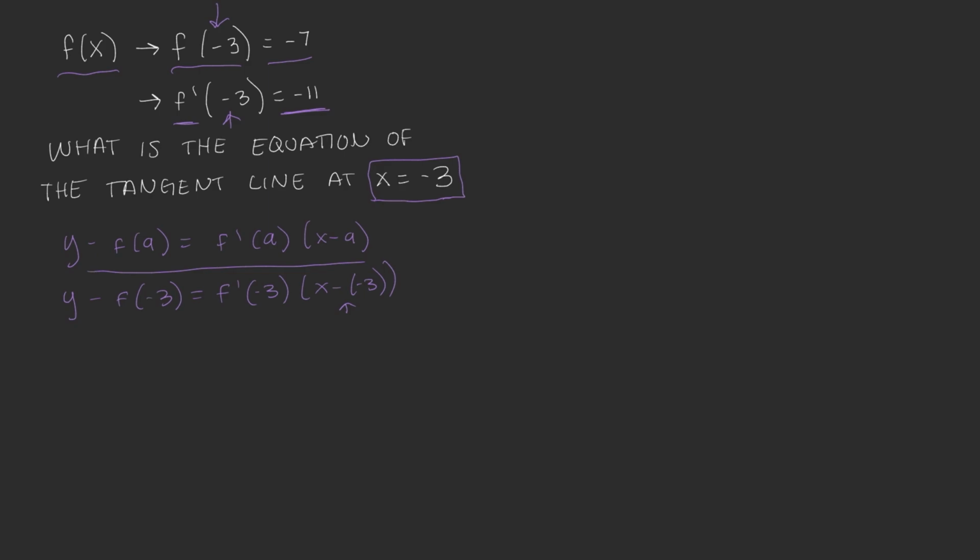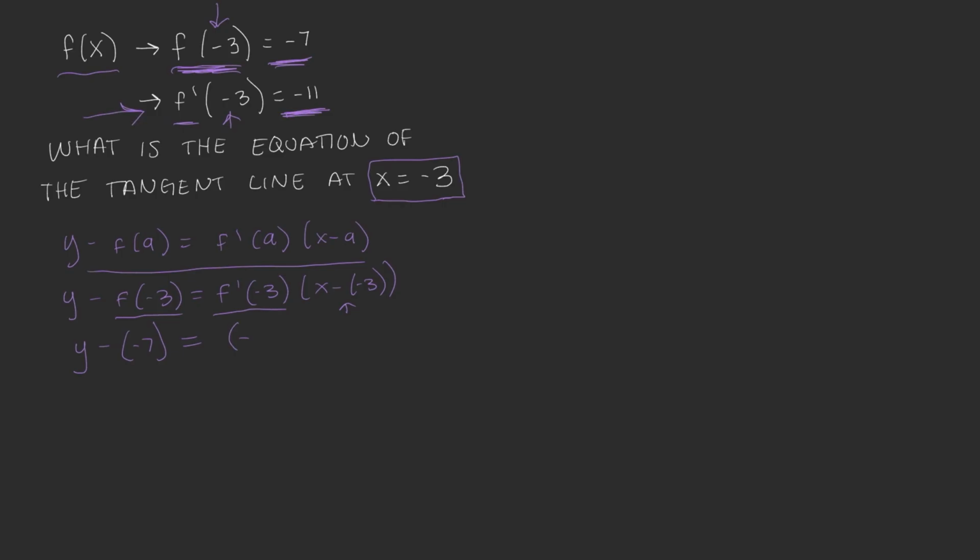So we have our original function evaluated at -3, right here. It gives it to us. That's -7. So we're just going to put y minus -7. We'll simplify it later. And that equals the derivative of our original function evaluated at -3, which again, it gives you originally, and it tells you it's -11.